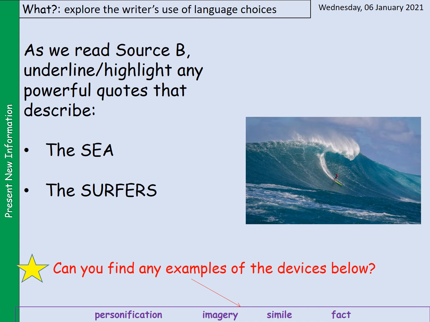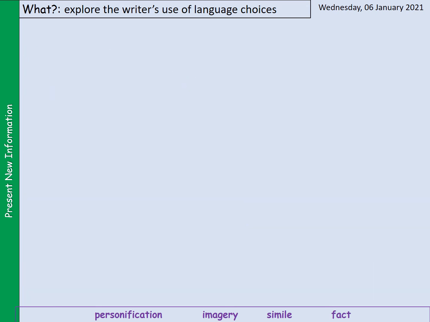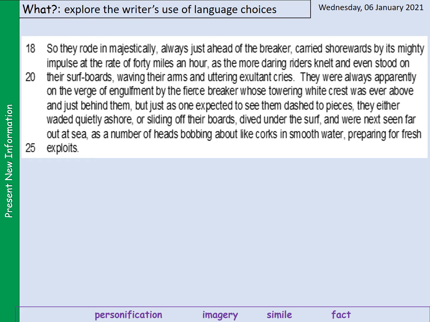Can you find any personification, any imagery, any similes, or any facts that have been listed in there? I'm just going to read it. I want you to be reading along with me and then annotating it if you've got the text in front of you, or you can be writing notes on a document or on a piece of paper.